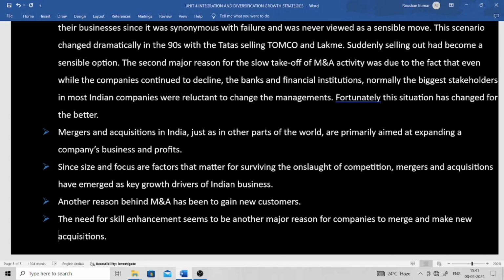The need for skills enhancement seems to be another reason for companies to merge and make new acquisitions. So, by these points, we can understand the situation in the Indian scenario of mergers and acquisition.